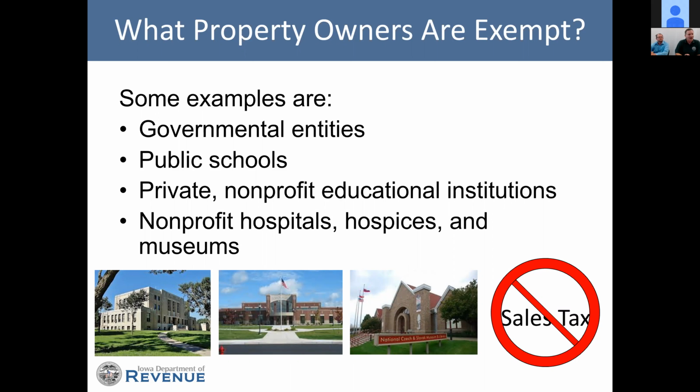And by law, nonprofit hospitals, hospices, and museums are examples of other entities that do not have to pay sales tax, again, by Iowa statute. So if any of you are in the lawn care business and you mow for some of these customers, they're not going to be taxable. They should provide you with a sales tax exemption certificate, so that it documents in your records why you did not tax them, in case you're ever audited by the department.